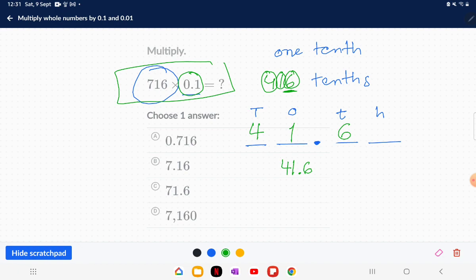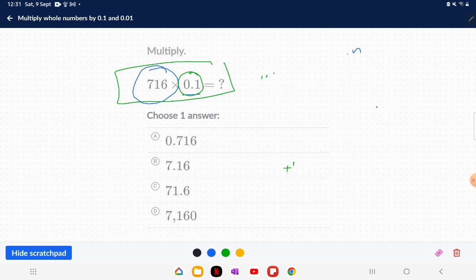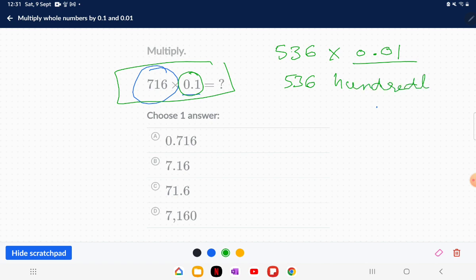So let's write another example here. Let's assume that the multiplication question that we had received was not 716 multiplied by 0.1, but 536 multiplied by 0.01. Now in this case, 0.01 is a hundredth, you know that. So this is 536 hundredths.